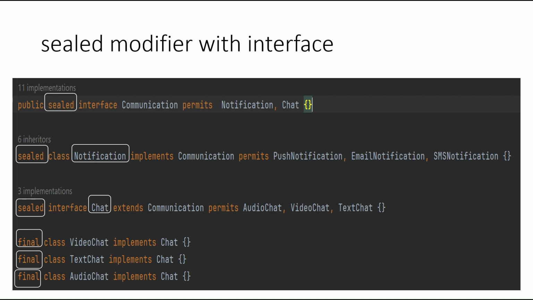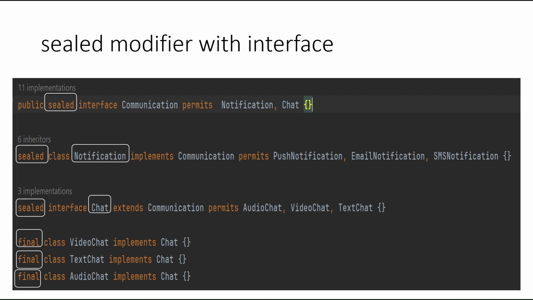It means that any regular Java class can implement the chat interface. The third keyword, final, cannot be used with interfaces. So we can conclude that with these sub-interfaces, the sealed and non-sealed keywords can be used.